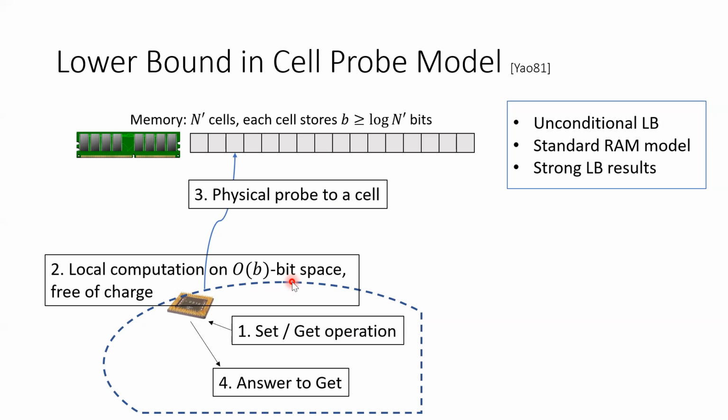We assume this local space is very small. It's like constant number of memory cells in size. But this computation is free of charge. So the algorithm can even solve an exponential time problem using its local space, as long as the computation can be performed on local space, any computation is free of charge. But the local space is very small.